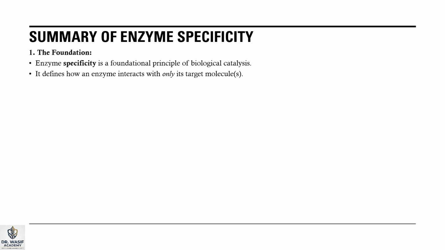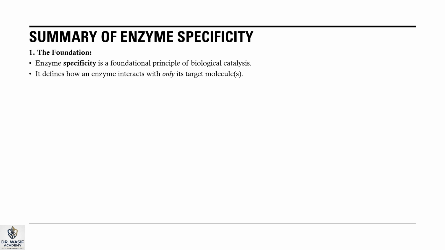As we have covered a lot of ground today about enzymes, to wrap up the theoretical part of our lesson, let's bring everything together into one clear picture of why enzyme specificity is the backbone of biology. Specificity is not just a detail. It is the foundational principle of biological catalysis.